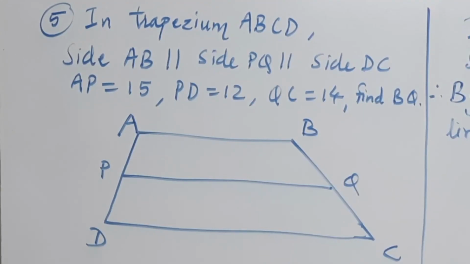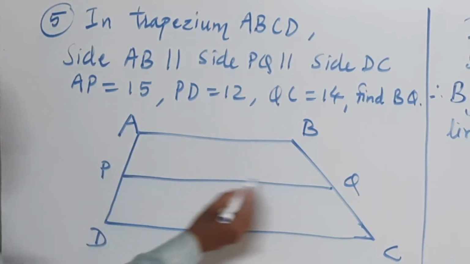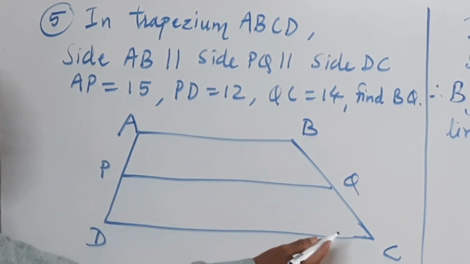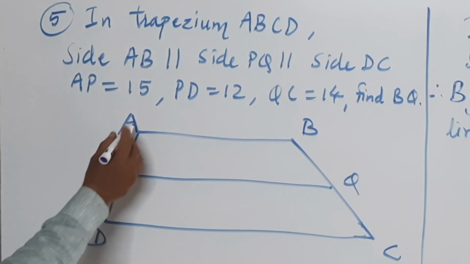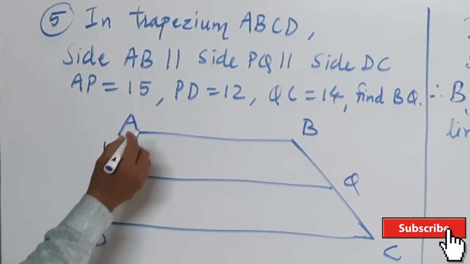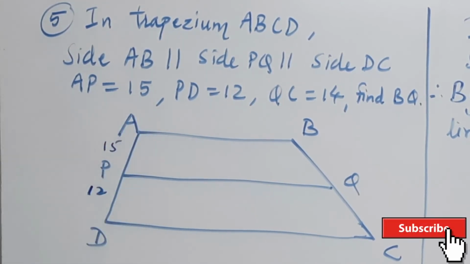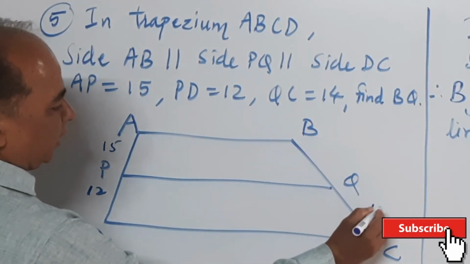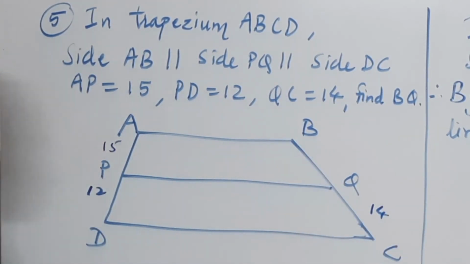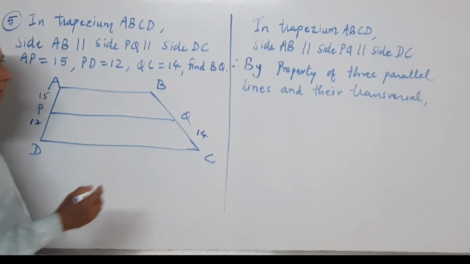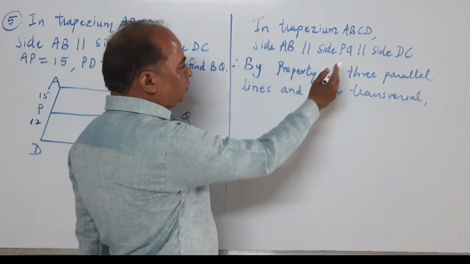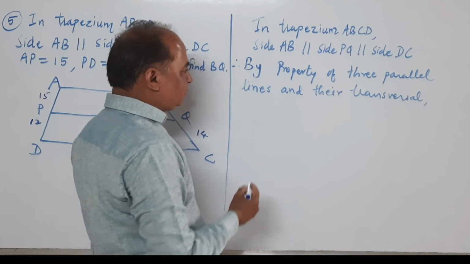Fifth example: in trapezium ABCD, side AB is parallel to side PQ and PQ is parallel to DC. AP is equal to 15, PD is equal to 12, QC is equal to 14, find BQ. In trapezium ABCD, line AB is parallel to PQ parallel to DC, which is given.